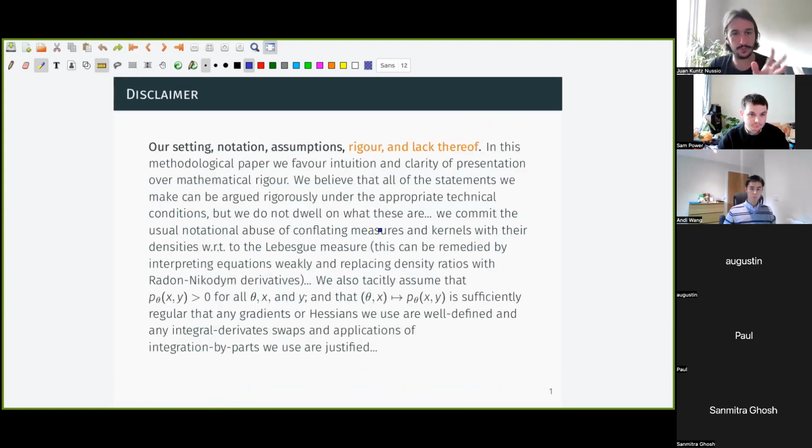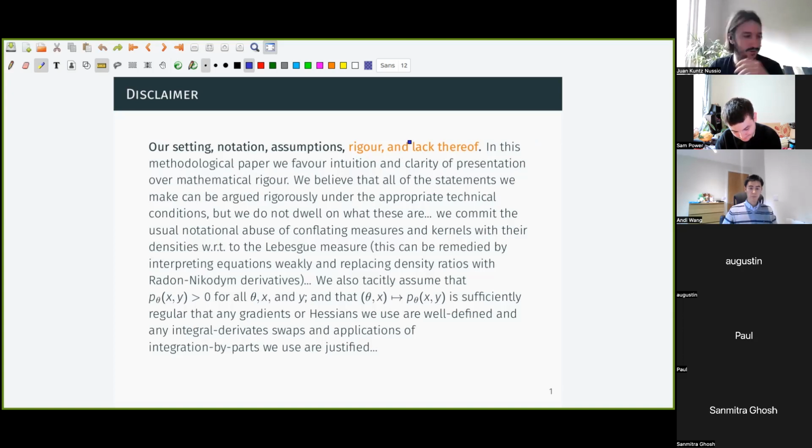Okay, so before we get started properly, I should give a sort of disclaimer. We played it pretty fast and loose with all the rigor stuff. In the preprint, we literally have a section where we describe, as setting notation, a rigor and lack thereof, right? So please don't expect too much from me on that department today. When I say that we prove this or that, take it with a grain of salt.